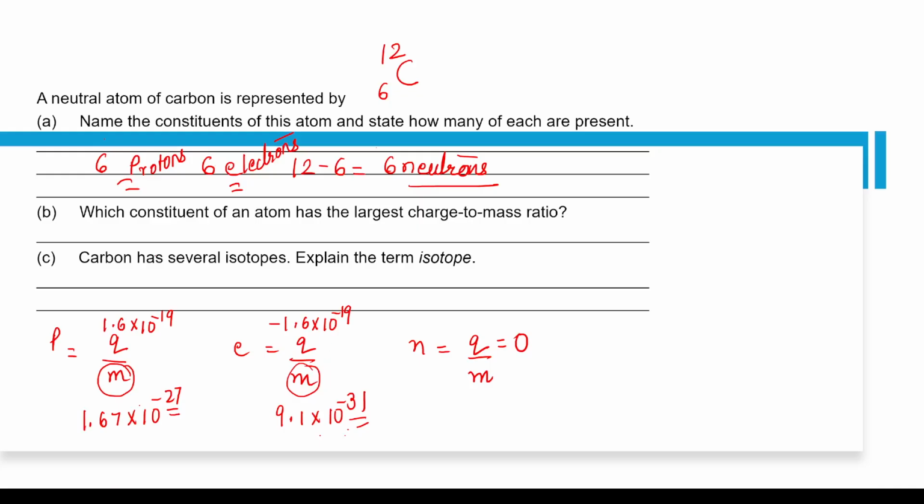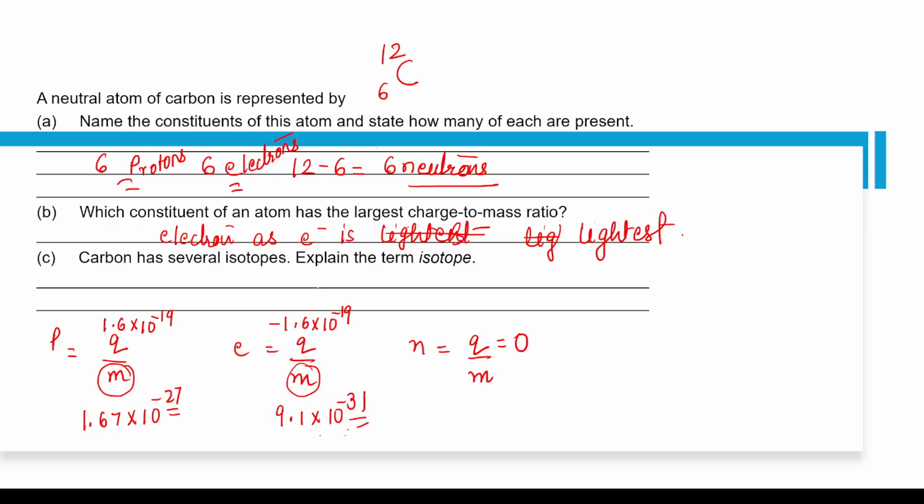So charge to mass ratio will be highest for electron, as electron is lightest. But it has the same charge as proton. Sorry, my mind went somewhere else.